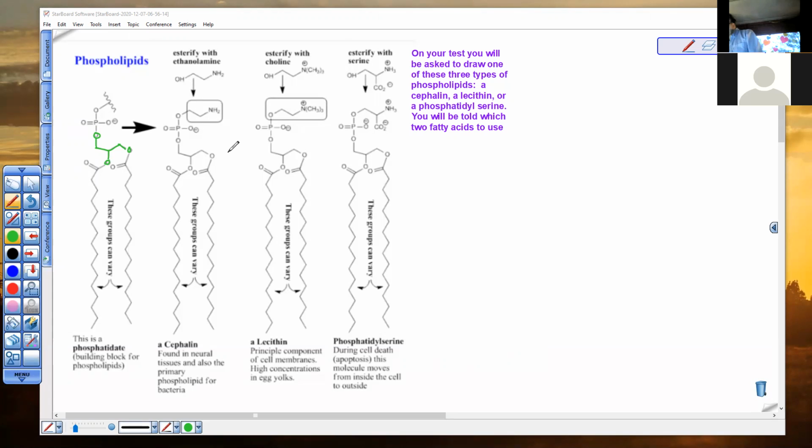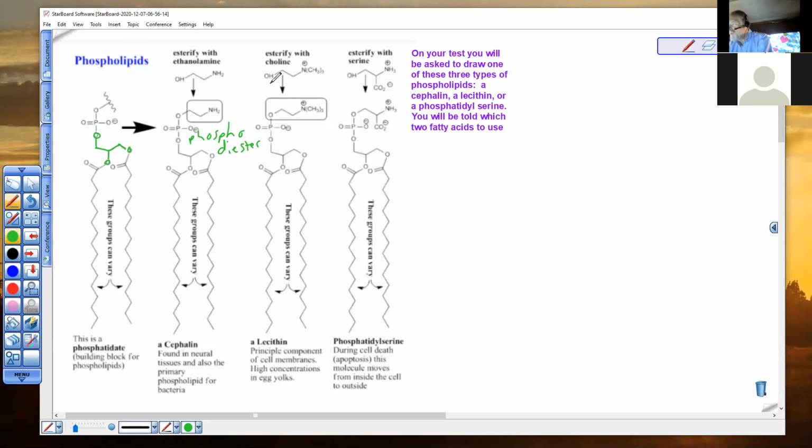Let's write that down. Phosphodiester. If it's with ethanolamine, you have just made a molecule that can be found in neural tissues, and it's a primary phospholipid for bacteria as well.